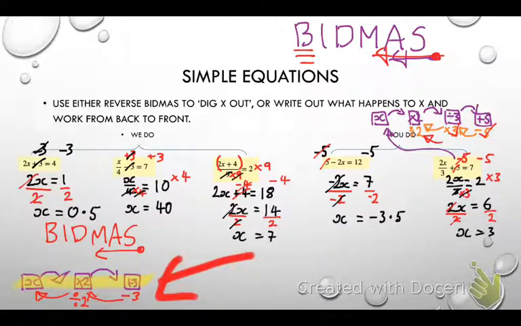You may not have to do that if you're comfortable with it, and you just keep in mind your reverse BIDMAS that we went through. But if you're struggling with it, write out what's happening to x, reverse that, and do the opposite operations, and hopefully you will be sweet with that.